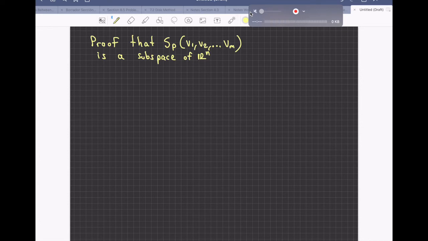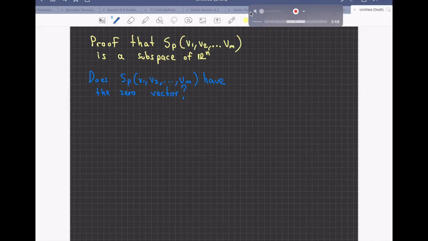First, does SP have the zero? In other words, can I find a linear combination for any vector such that I have the zero?